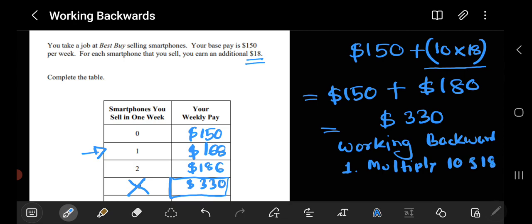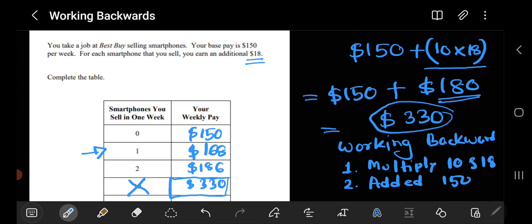That's the first thing we did. Once we multiplied that, we got 180 and then we added 150 to it. So the second step, we added 150. That's the regular way of finding 330. Again, we first multiplied 10 and 18, and then we added 150, and then we got 330. Okay, now we are going to work backwards.